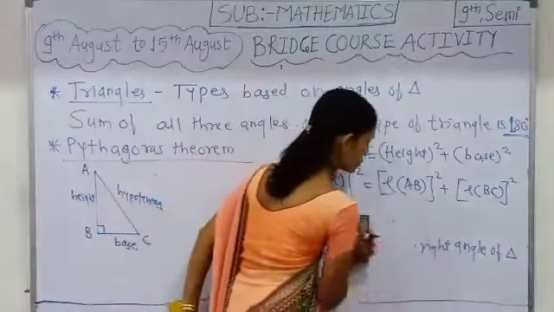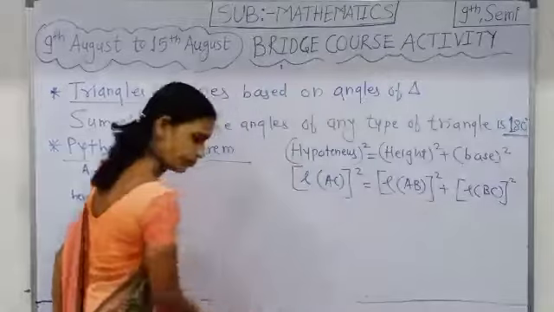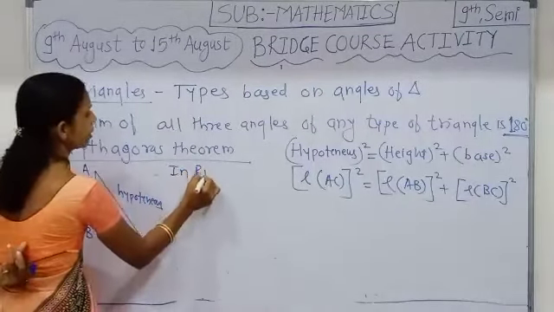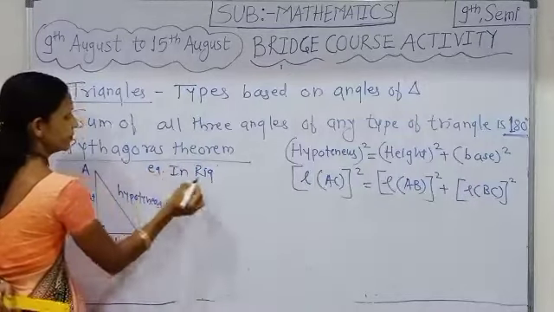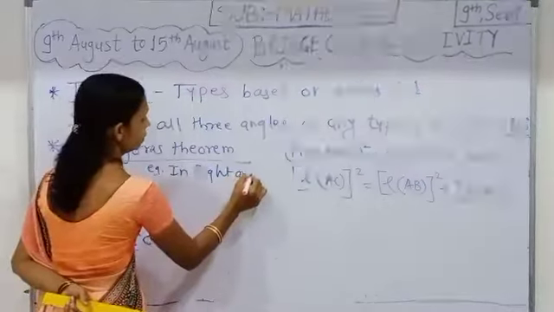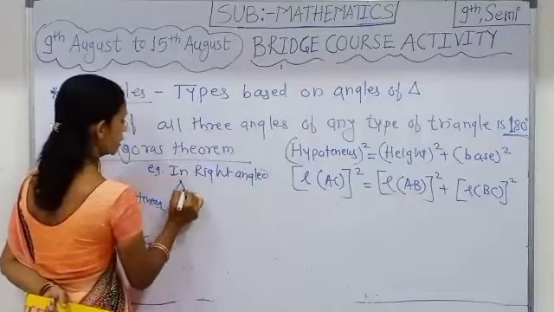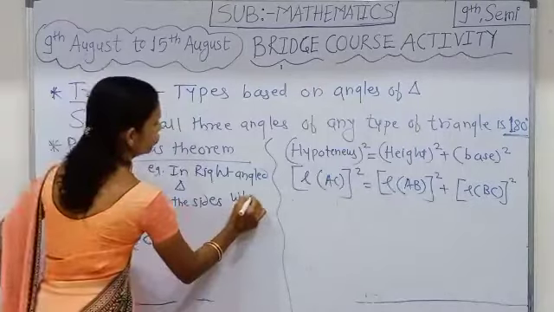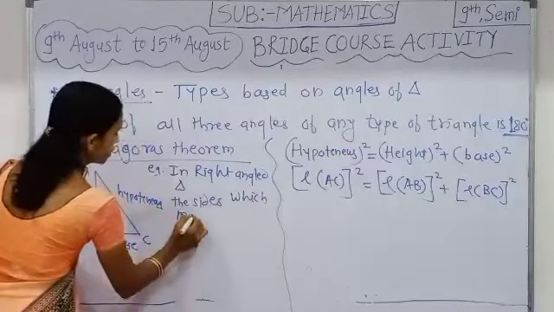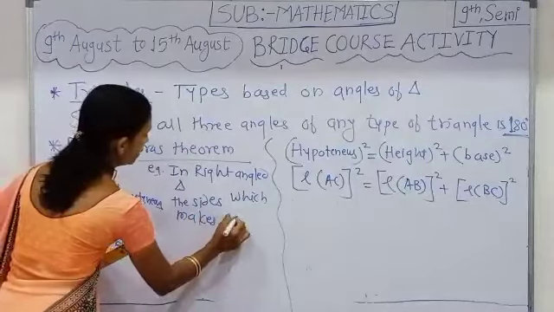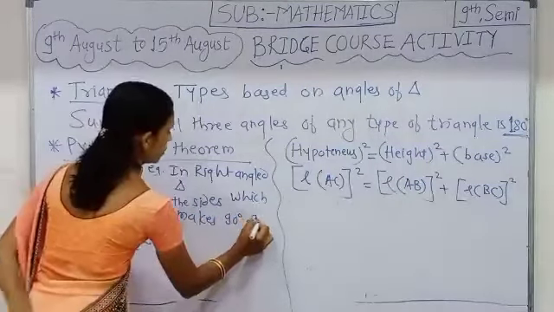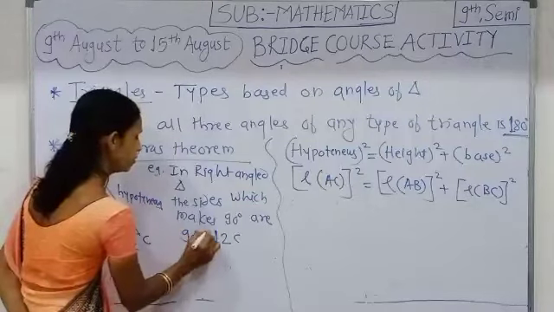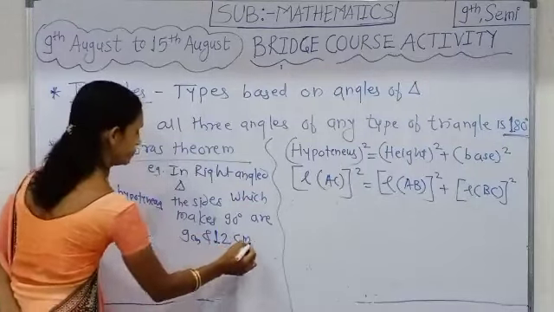We will discuss that. See here, in a right angle triangle, the sides which make 90 degrees are 9 centimeter and 12 centimeter.